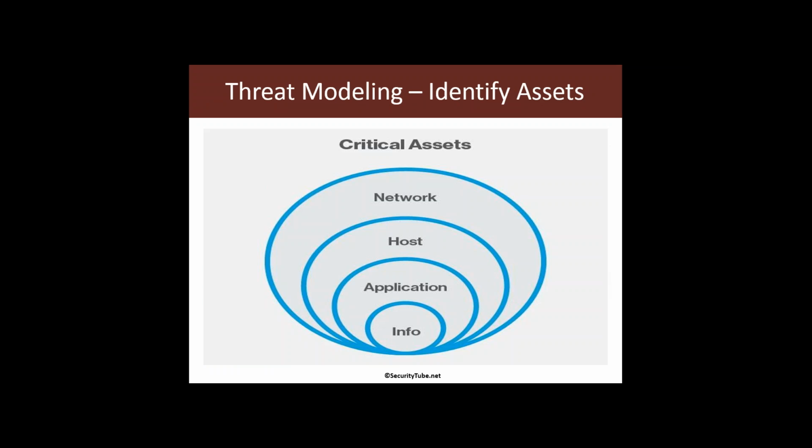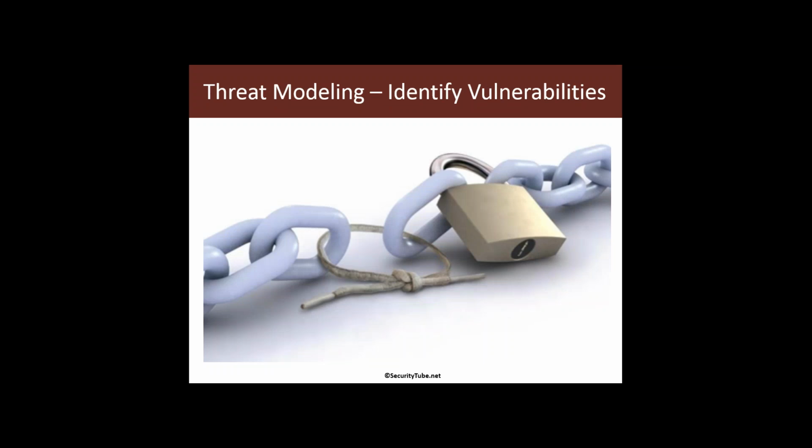Once we know that, then we can say, all right, let's look at the doors, the windows. Let's look at how close you are to major freeways. Are you in a hurricane or tornado zone? These are potential vulnerabilities, places where someone could leverage a problem to get at your assets.